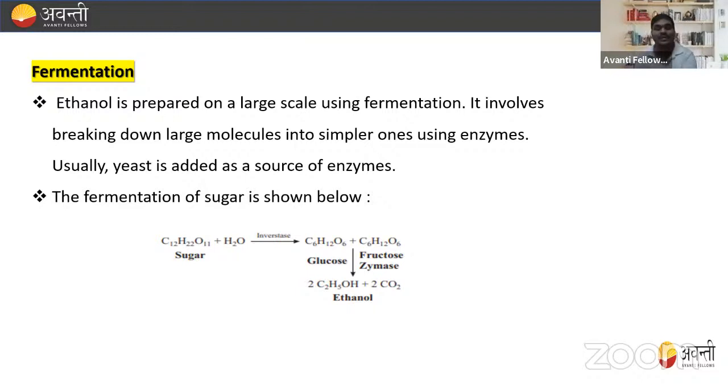Right, so this is a good method for the preparation of alcohol on a large scale. I hope this is clear to you.